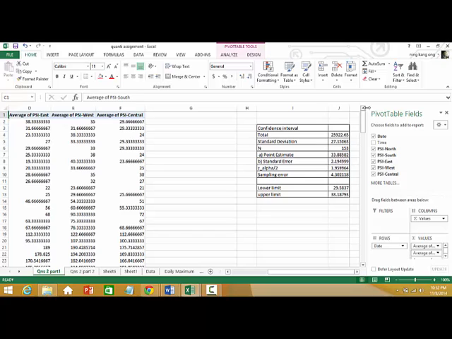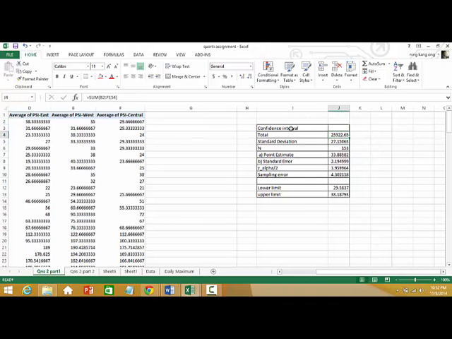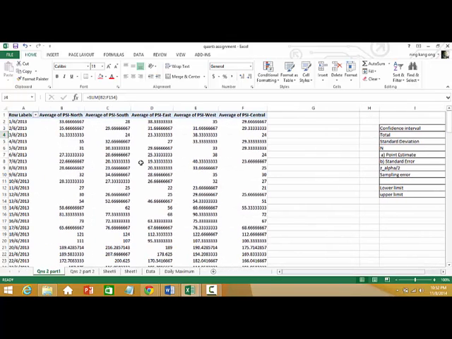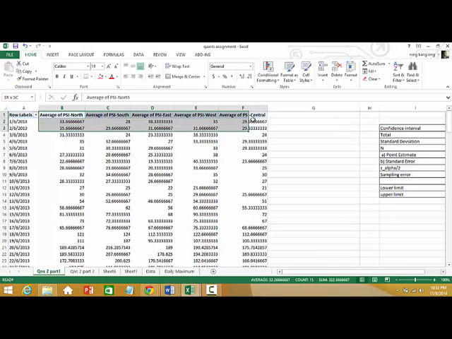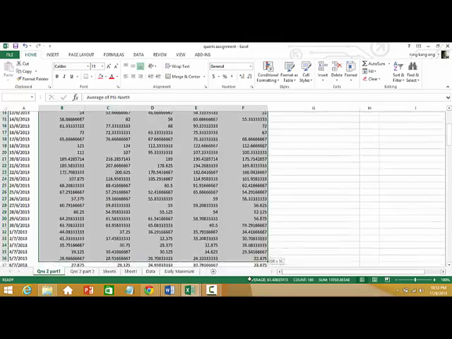So in order to get the total, I have to click the formula, which is equals SUM, and plot in all the data that I want. So it's all there.